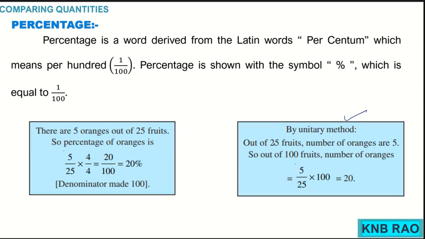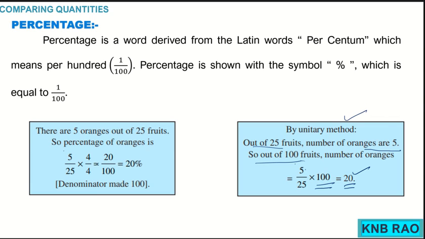Coming to another way, by the unitary method we can do the same work. Out of 25 fruits, the number of oranges is 5. So out of 100 fruits, we have 5 out of 25 into 100. That means out of 100 fruits, 20 fruits are oranges.